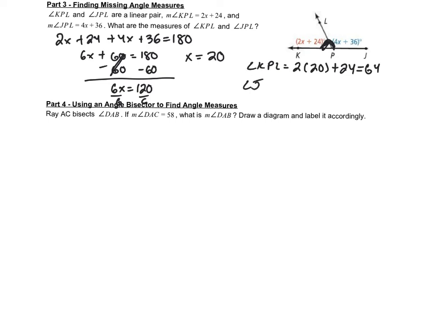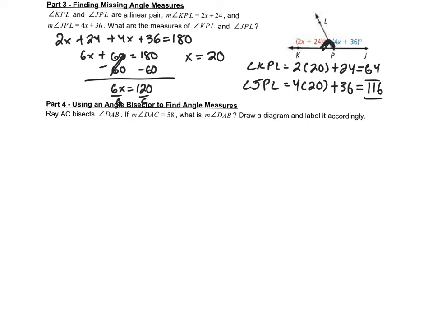And then we have JPL, which is 4x plus 36. So we have 4 times 20, which is 80, plus 36, which is 116, and 64 plus 116 gives us 180. So now I know that I have done my math correctly.